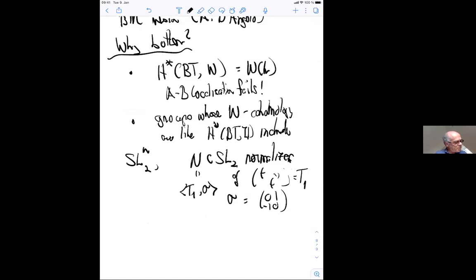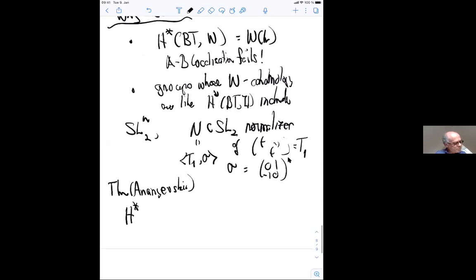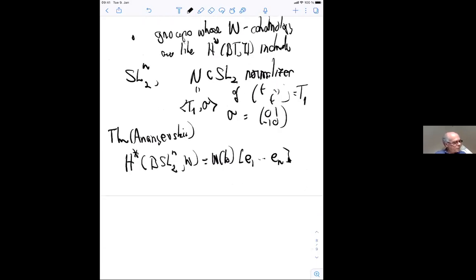Here's the theorem, which is due to Anievsky: the Witt-cohomology of BSL2 to the n is the Witt group adjoin n variables, where let's do it for n equals 1. What's this E?